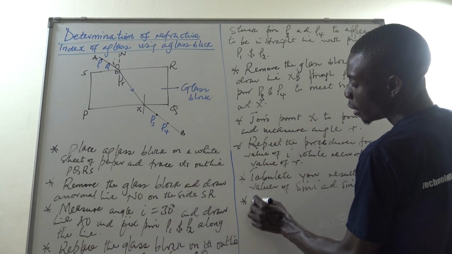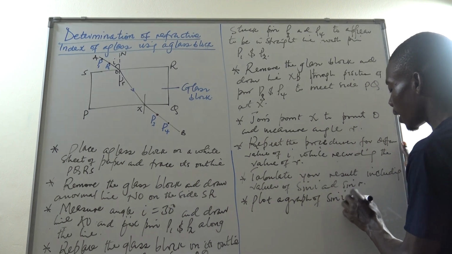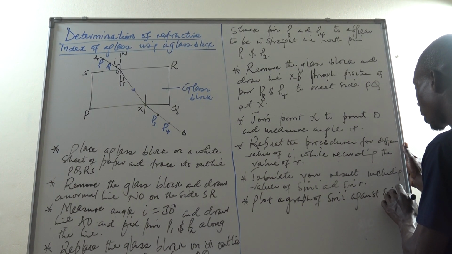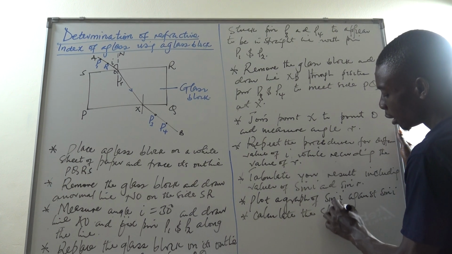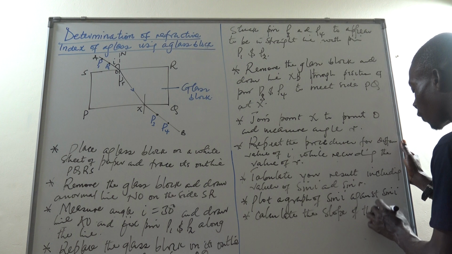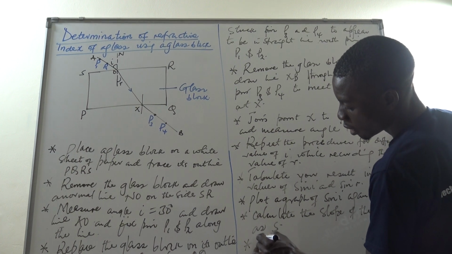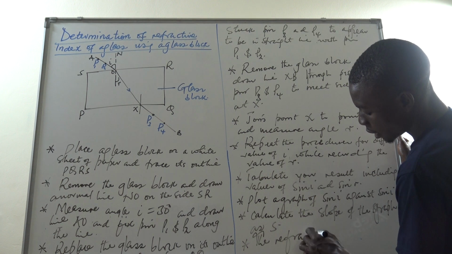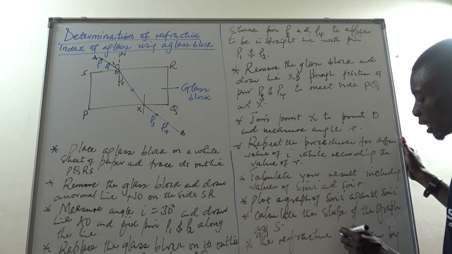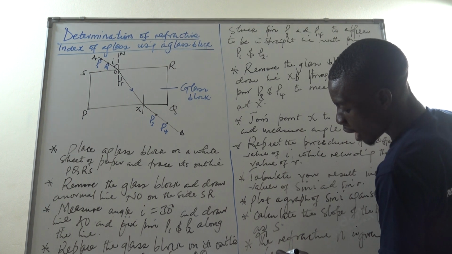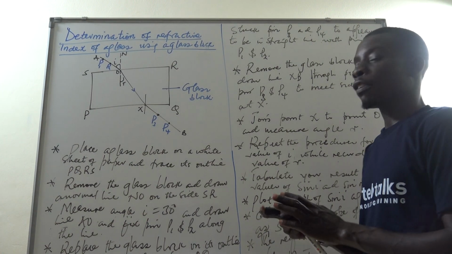And then you can now plot a graph of sin I against sin R, and calculate the slope of the graph as S. So we can say the refractive index N is given by N equals S, where S is the slope and N is the refractive index.